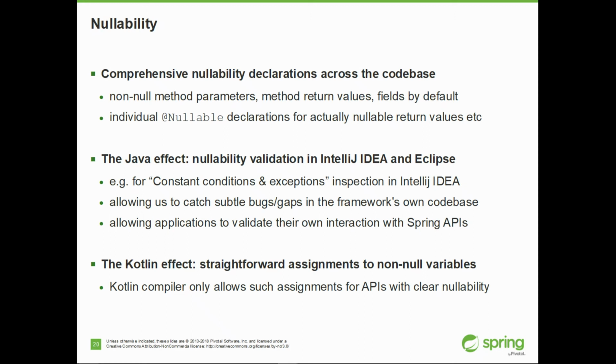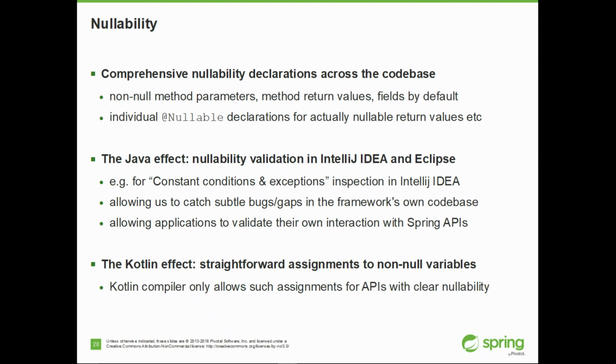The Kotlin compiler naturally understands this and allows you to assign, like the outcome from a Spring API call, to a non-null variable declaration, if it's explicitly marked as nullable, or as not nullable. It makes assumptions about nullability against target APIs based on nullable annotations. In Java, it's just for us a verification that the code is doing what it's supposed to do and making the right assumptions about nullability.